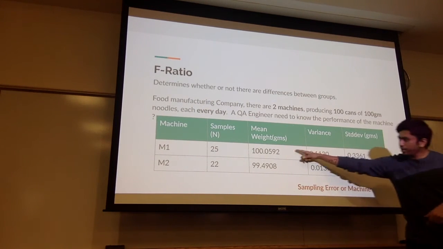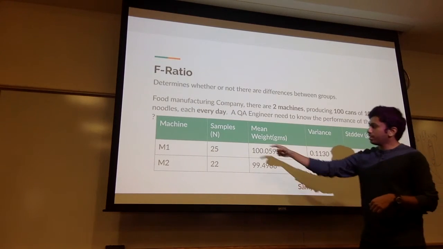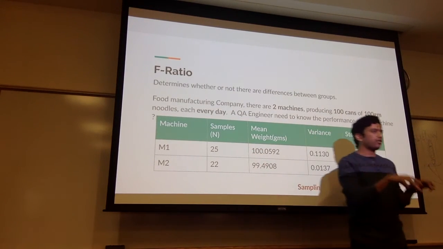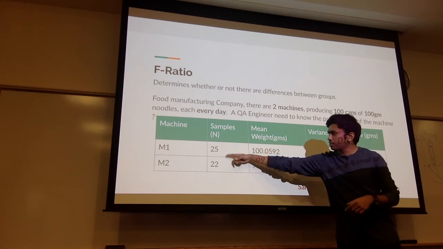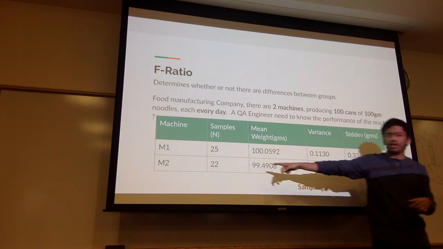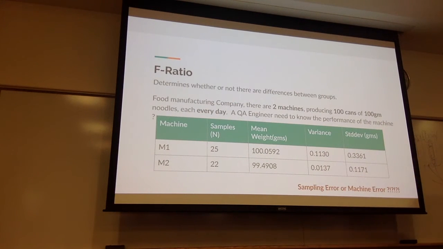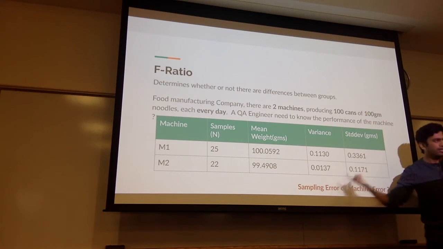But before concluding the machines are wrong, we need to see whether our samples are properly selected, because there is a change in samples. In M1 we have taken 25 samples, in M2 we have taken 22 samples. Is our sampling method proper, or is the number of samples proper? That is the difference that ANOVA gives. Using ANOVA, you can decide whether this is a sampling error or a machine error.